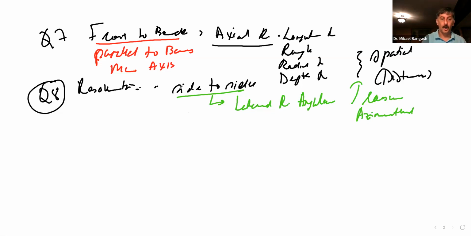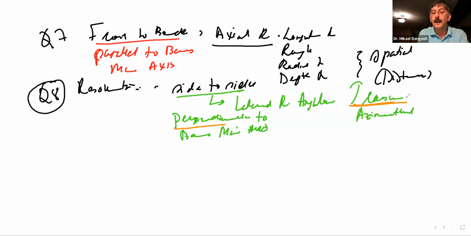Clear? Or this side to side here could also be referred to as being perpendicular to the beam's main axis. And ladies, mainly because they are talking about being perpendicular, that's why this resolution here is also known as the transverse resolution.